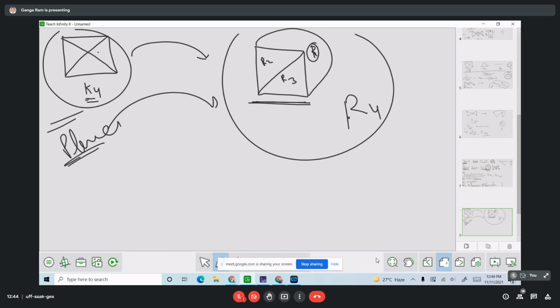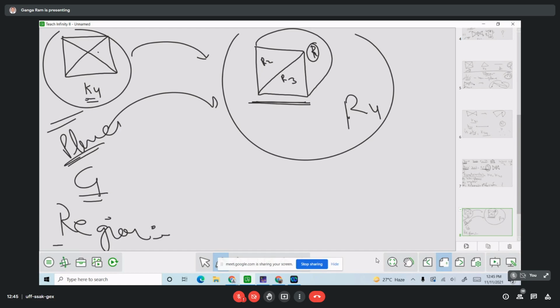If the graph is planar, then it has a plane representation. If it has a plane representation, this plane representation divides the plane into some parts, and those parts are called the regions. Now you can write a proper definition of region.